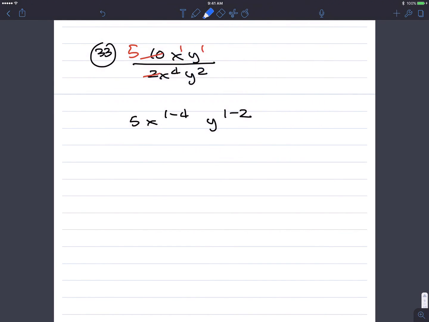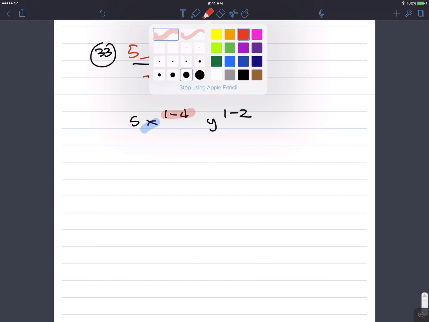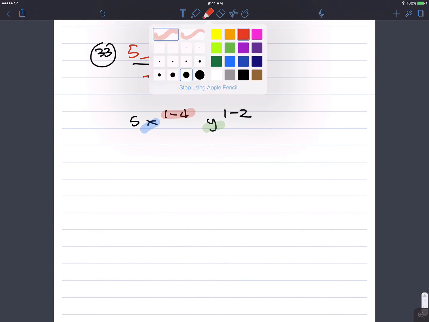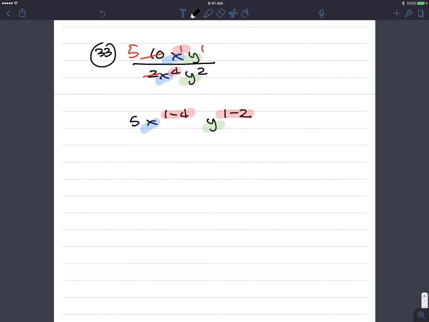Because same base, keep the base. Subtract your powers, 1 minus 4. Same base, keep the base. Subtract the powers, 1 minus 2. 5x to the minus 3 power, y to the negative 1 power.